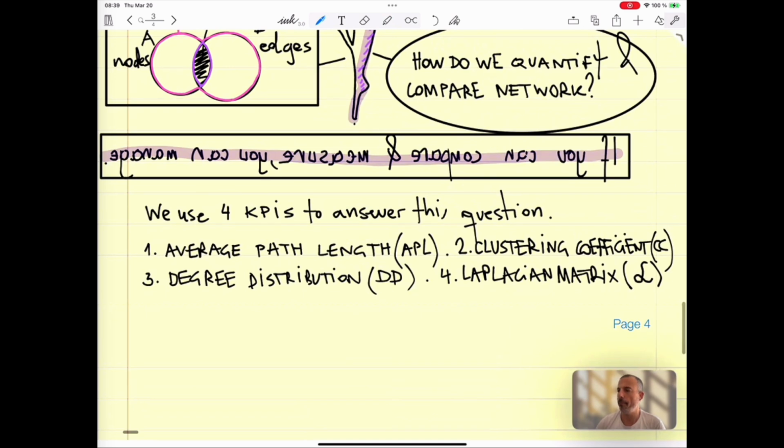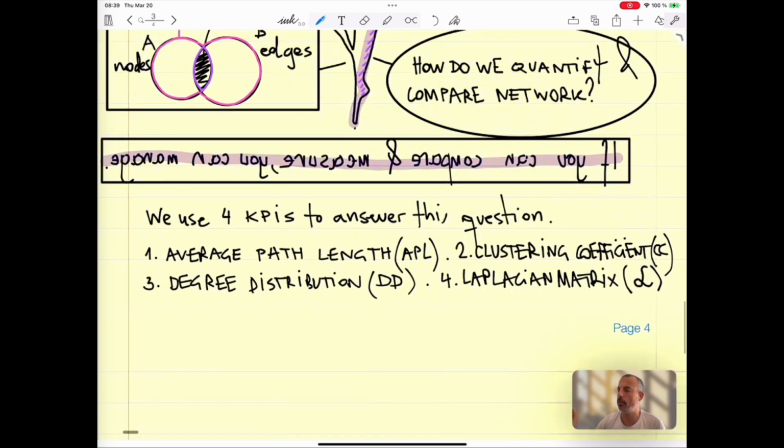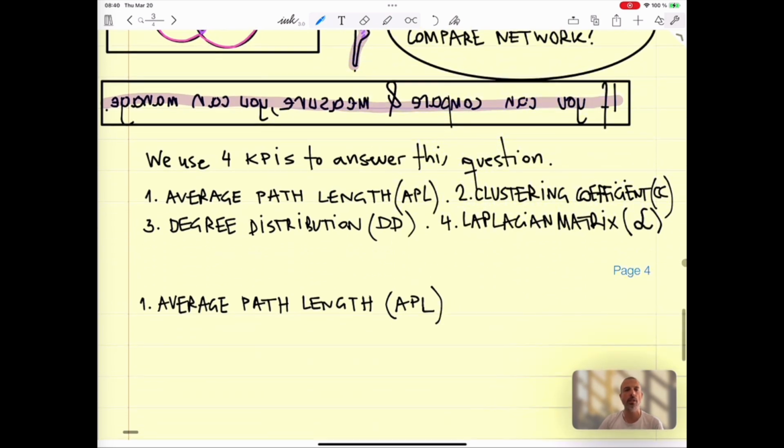So let's start. First one is the average path length, or APL. I'm going to take always the same example network, okay?